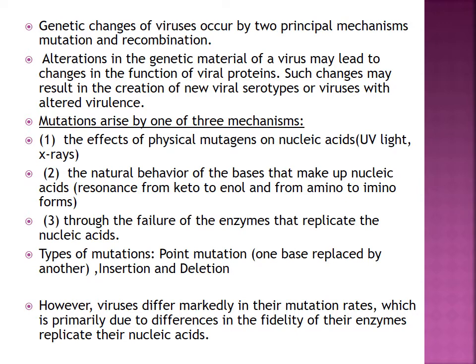Types of mutations are either point mutation, where one base is replaced by another, or insertion of a new nitrogen base, or deletion of one base. However, viruses differ markedly in their mutation rates, which is primarily due to differences in the fidelity of the enzymes that replicate their nucleic acid.